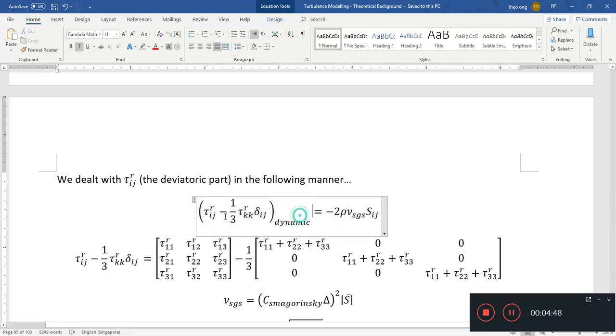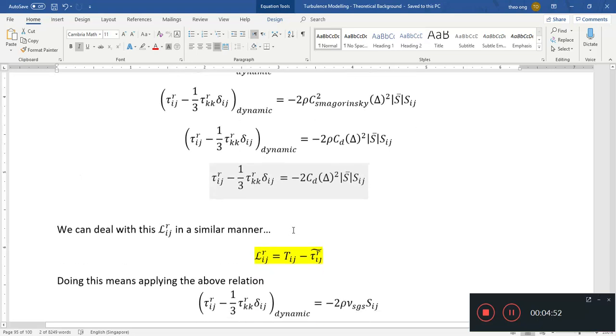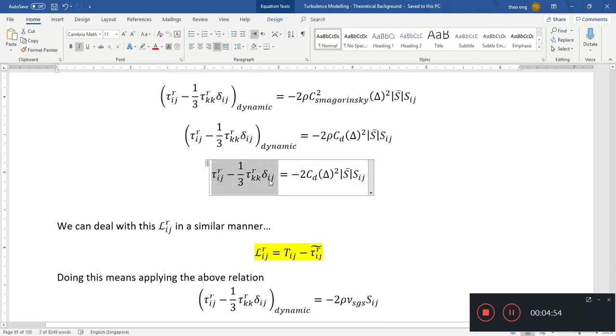Every time I'm talking about a dynamic shear stress, I will put dynamic here. Otherwise, we use this notation, which is the dynamic shear stress divided by the density. So this is how we deal with the deviatoric stress.